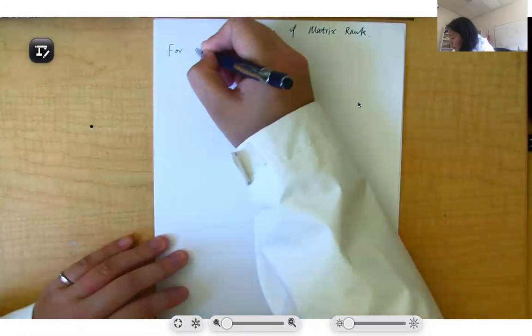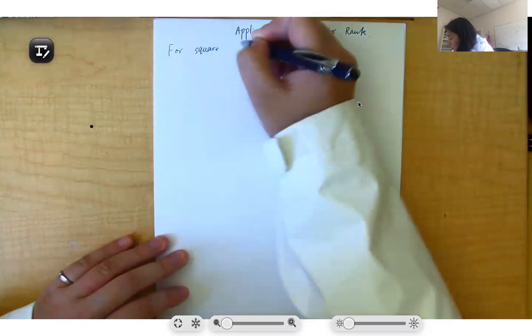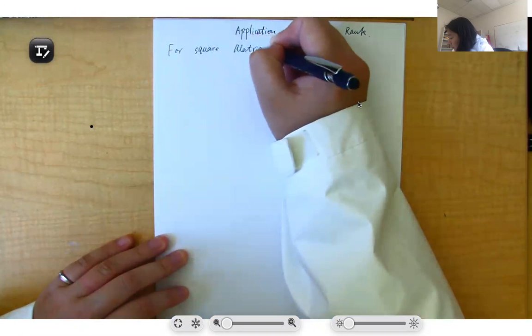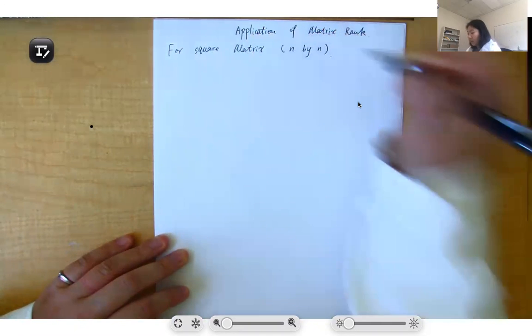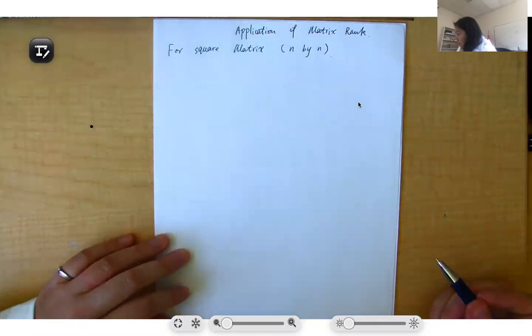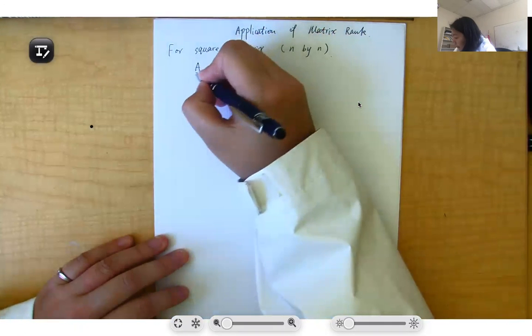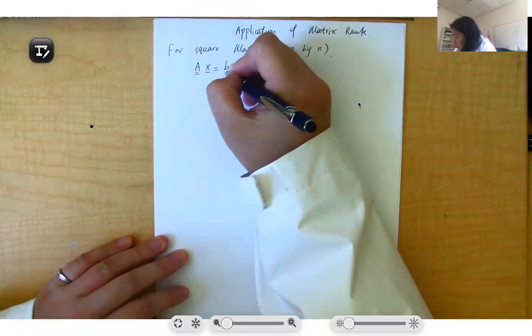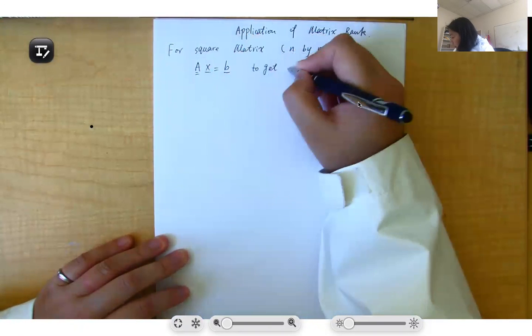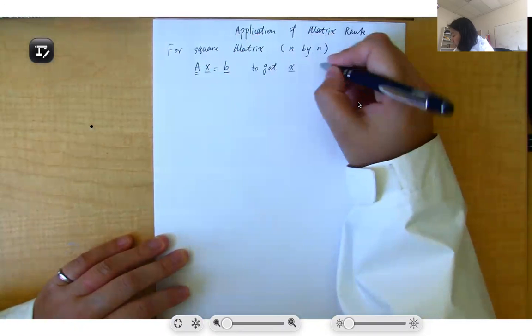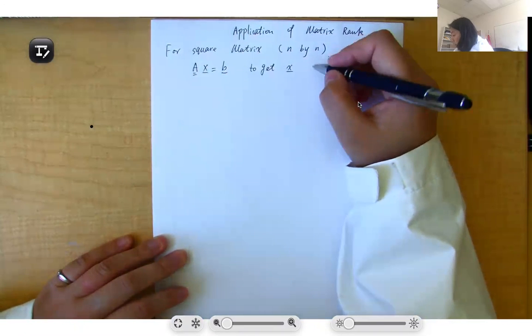For square matrices, let's assume the dimension is n by n. So it's a square matrix. In order to solve AX equals B, to get the solution set of X, we can use the inverse matrix as we talked before.